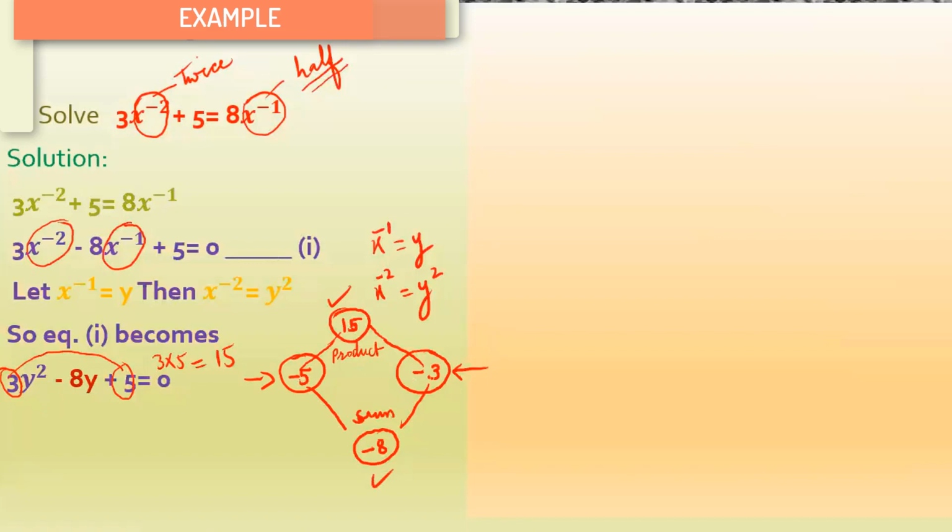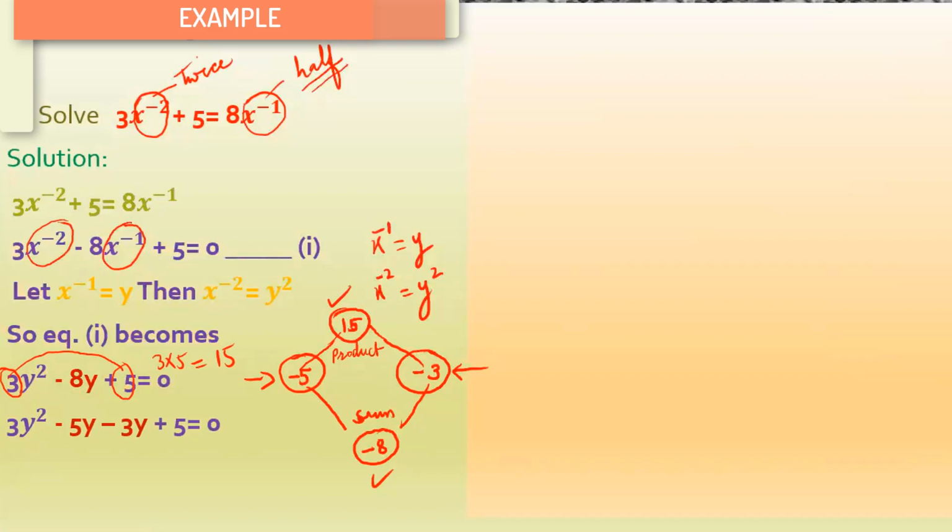So these two numbers are minus 5 and minus 3. So we will split minus 8y into minus 5y and minus 3y like this. These are the two numbers required to split the middle term.